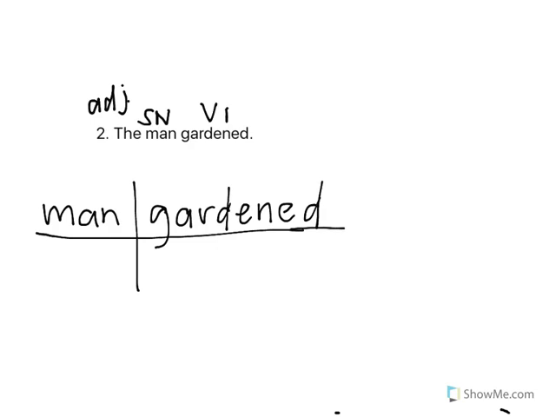And for an adjective, we're going to put this one here, the. We put this adjective there because the word the is describing or modifying the word man. It's referring to the word man. The man gardened. So that's why we put this below here.